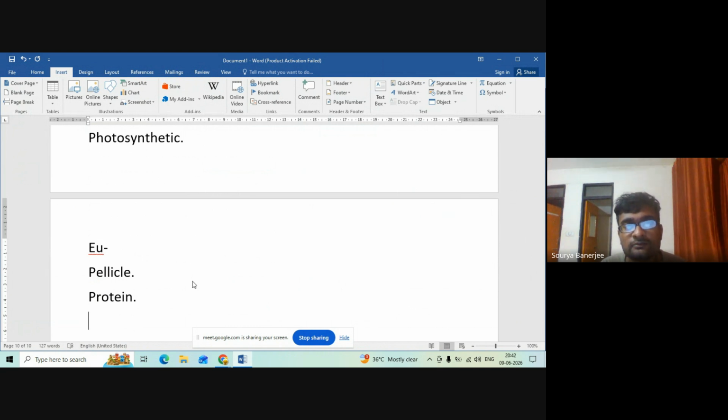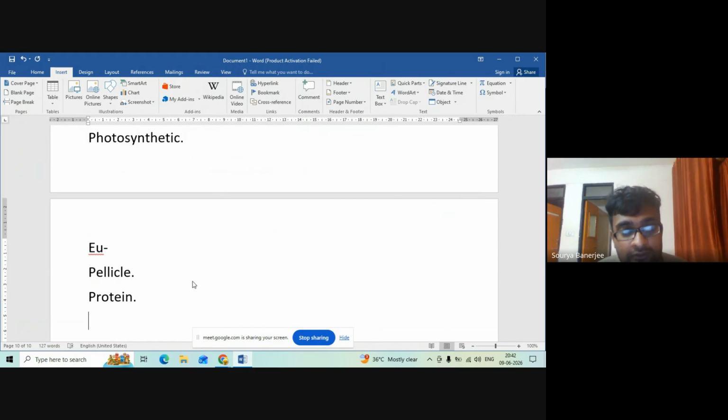Pellicle is normally made up of protein. In case of euglenoids, if they are phototrophs, they have similar pigments like plants. But if light is not present, they act as chemoautotrophs.